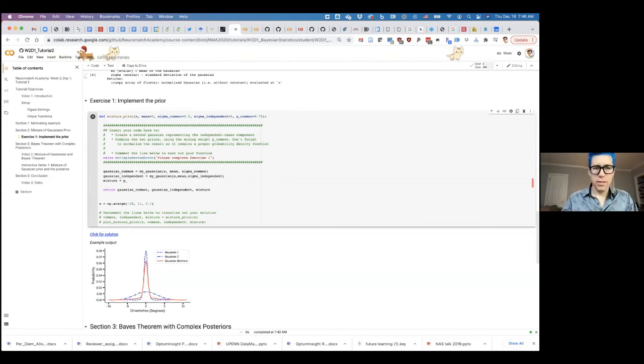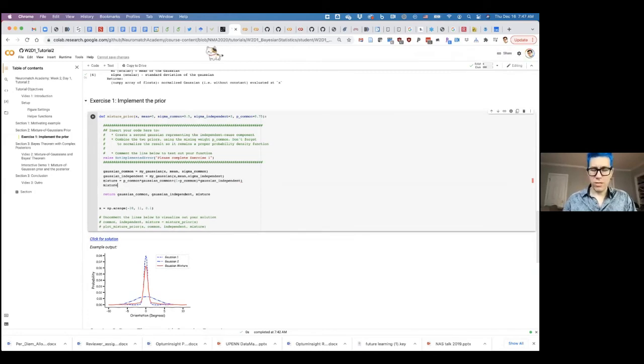P common times Gaussian, plus 1 minus P common times the other Gaussian. And here comes a huge surprise: we will need to normalize it. The mixture is the mixture divided by the mixture's sum.